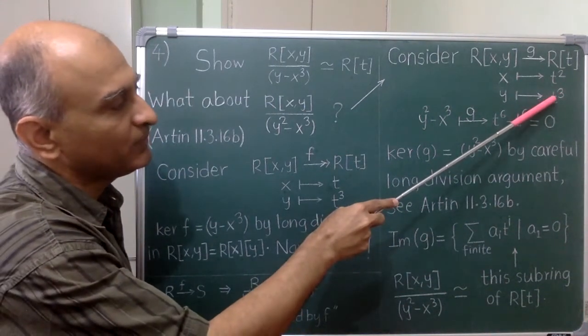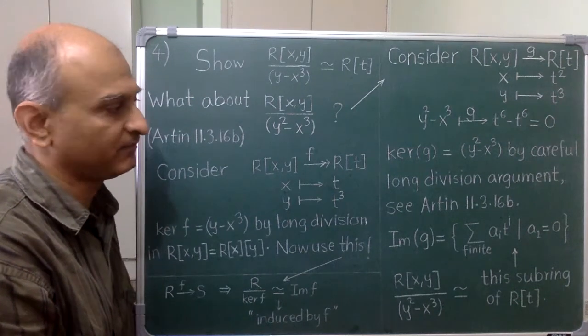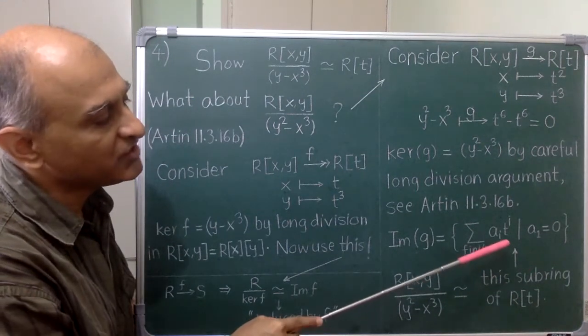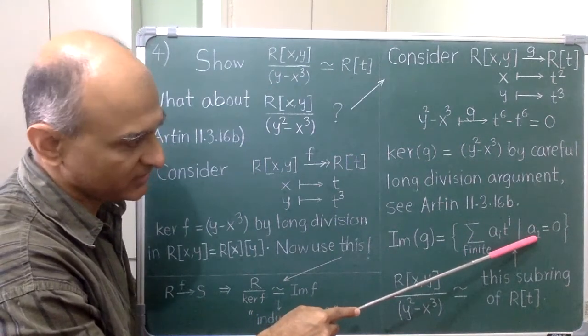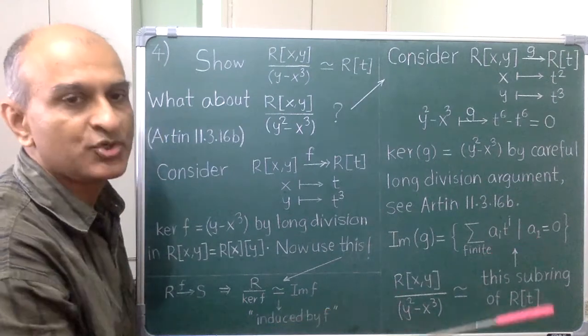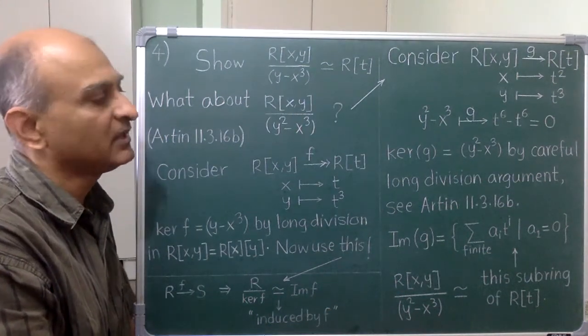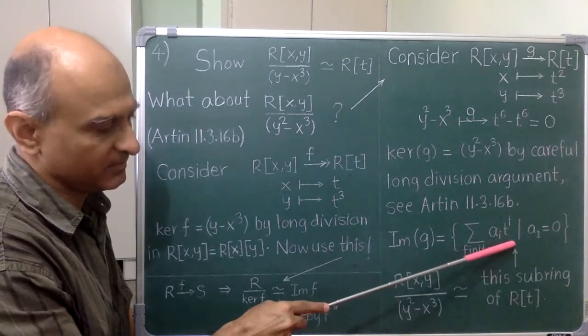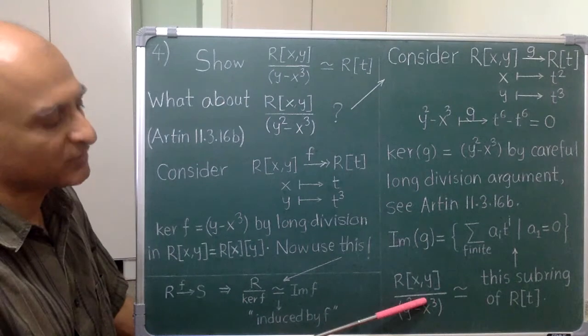Multiplying by T cube, I get all odd degree monomials except T itself. Therefore, the image contains all polynomials that have no degree 1 term. Now, you should check that such polynomials themselves form a subring. Therefore, this is the entire image, and this subring is isomorphic to the given quotient.